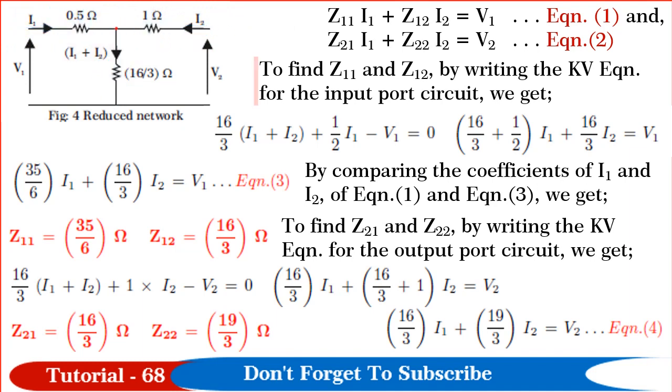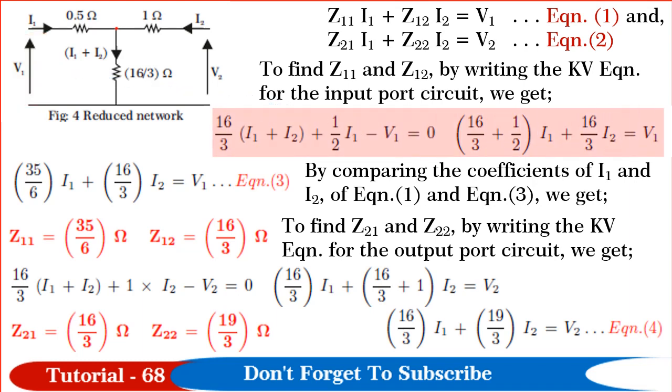To find Z11 and Z12, by writing the Kirchhoff's voltage equation for the input loop, we get 16 divided by 3 into I1 plus I2 plus 1 divided by 2 into I1 minus V1 is equal to 0.